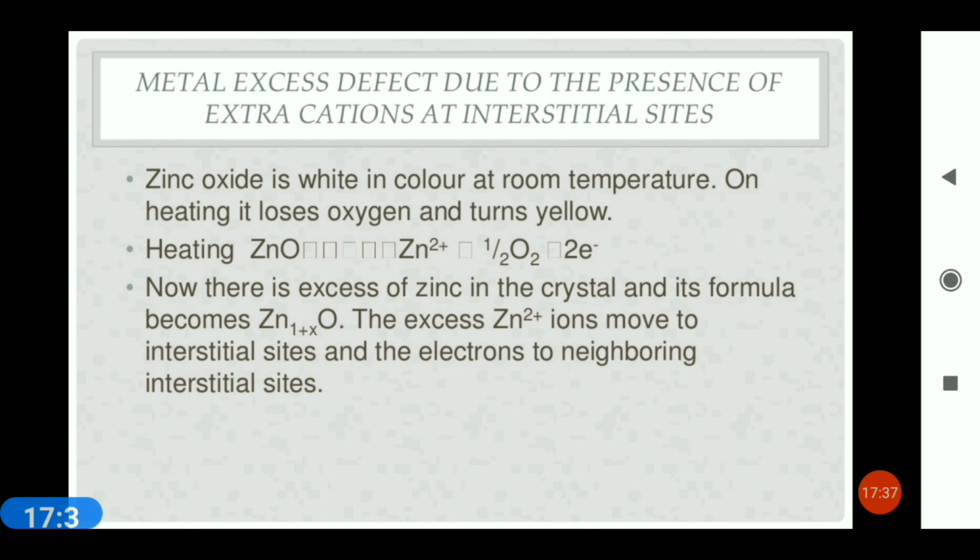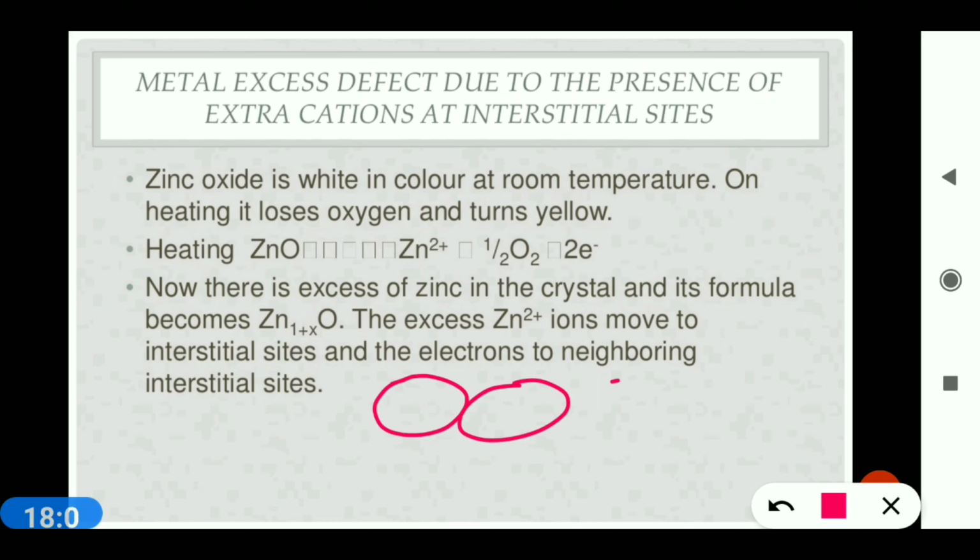Now, metal excess defect can also be due to the presence of an extra cation at the interstitial site. One of the best examples to show this is the crystal of zinc oxide. Here, what will happen? For the metal excess defect, one extra cation will come in the interstitial site.